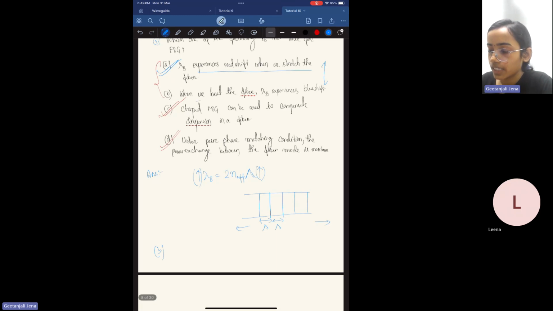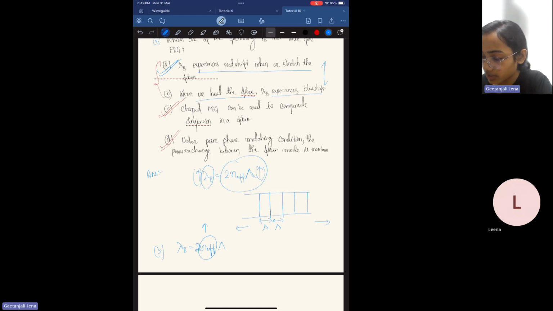It is saying when we heat the fiber, the lambda B experiences a blue shift. So that means the lambda B will decrease if we heat the fiber. But according to this equation, according to the Bragg condition, when we heat the fiber, this N effective will increase.